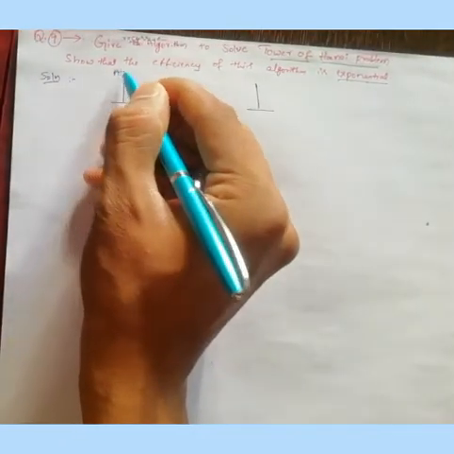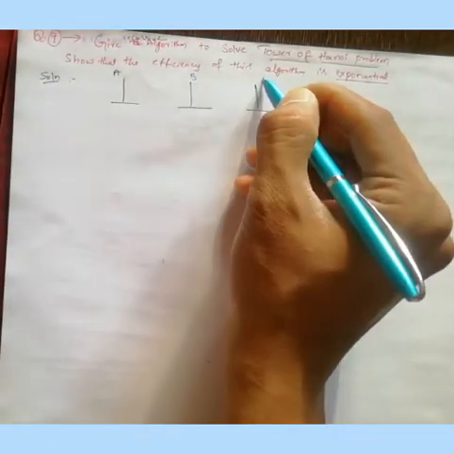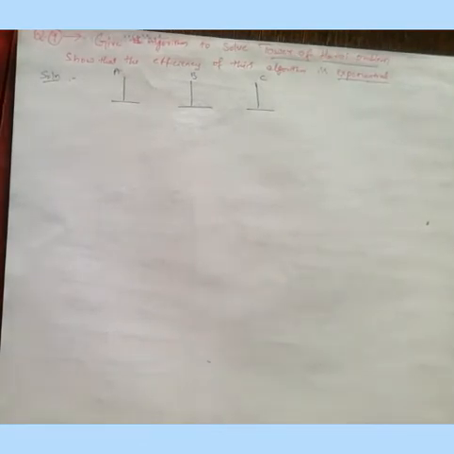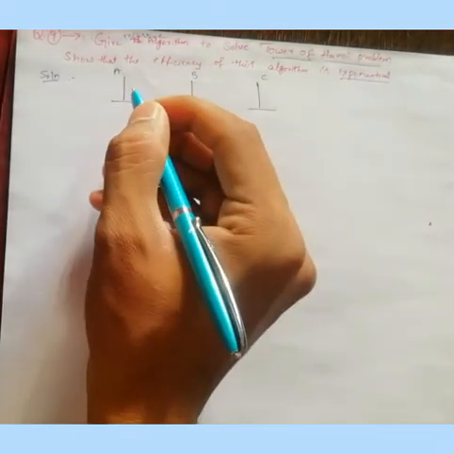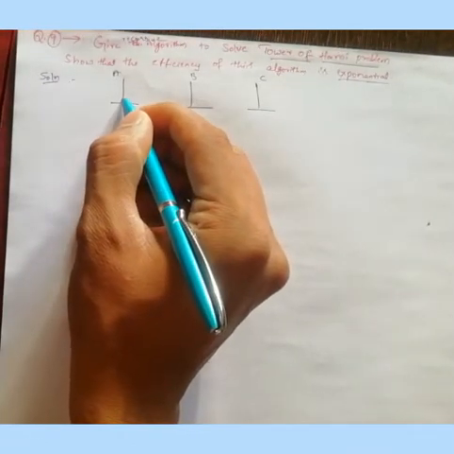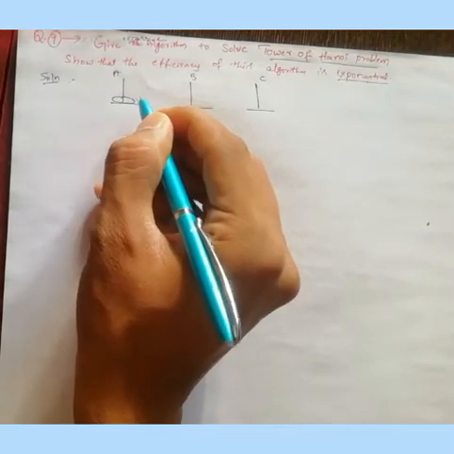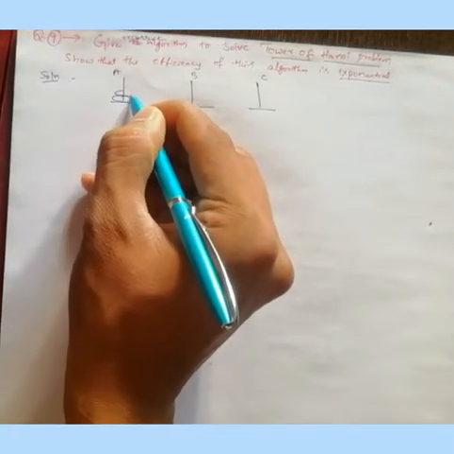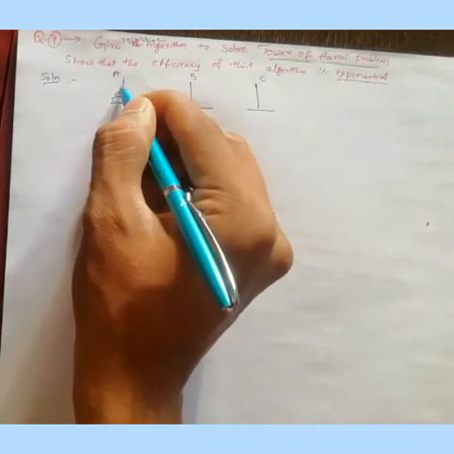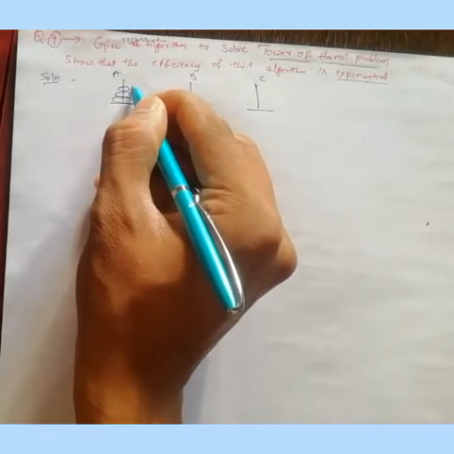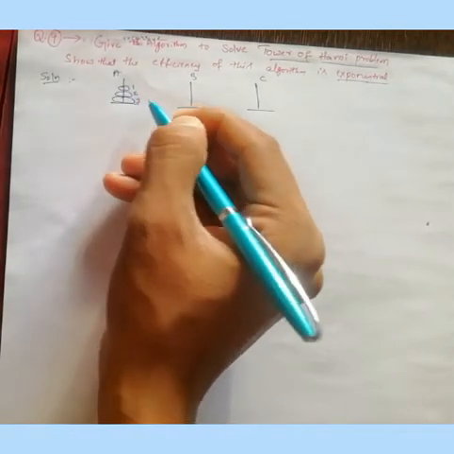So I will take three towers, A, B and C, and in these three towers I will place some discs: first disc, second disc, third disc.